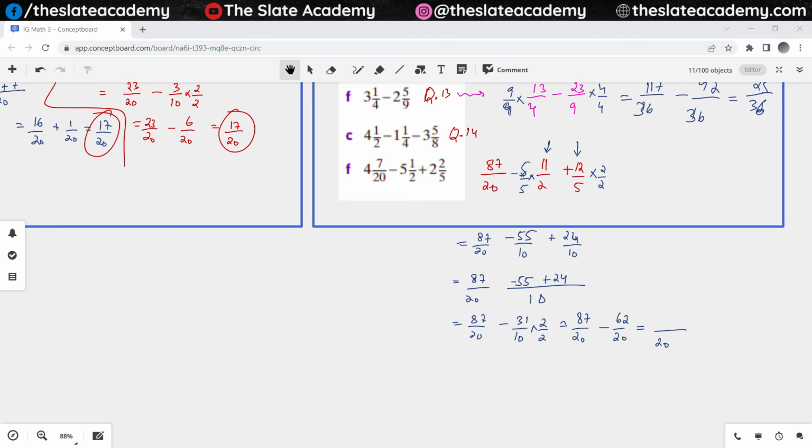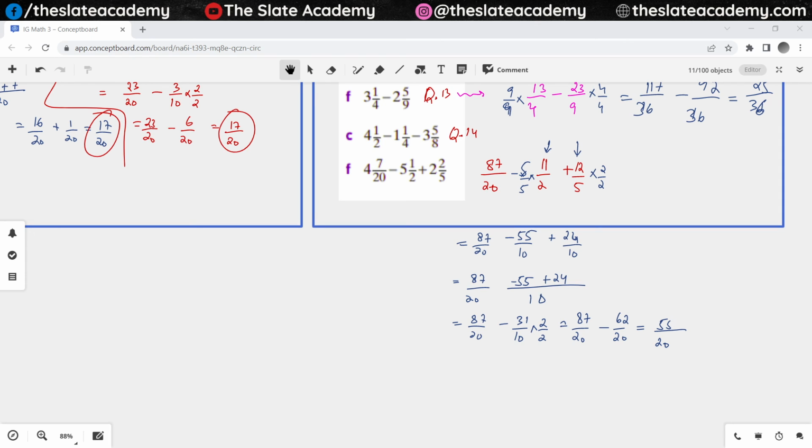So 87 minus 62 is 55, right? So I simply... 62 is minus. So I don't get your confusion. It is not 55 by 20. It would be 25 by 20.